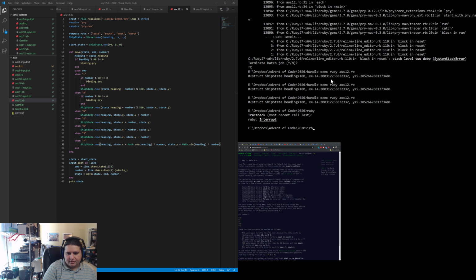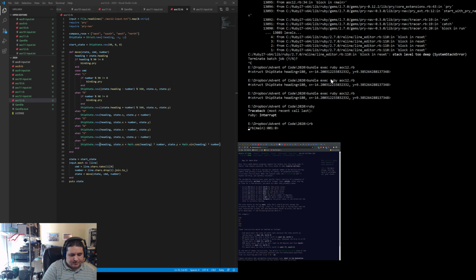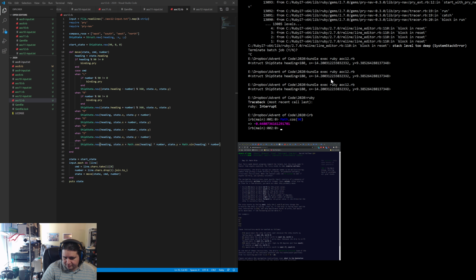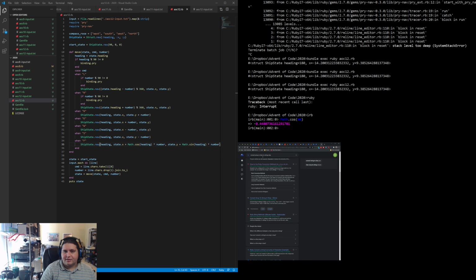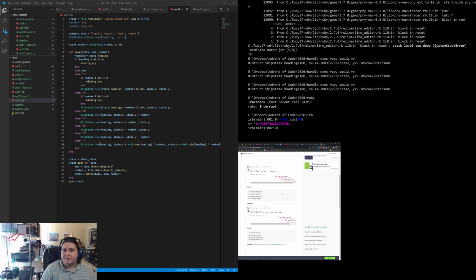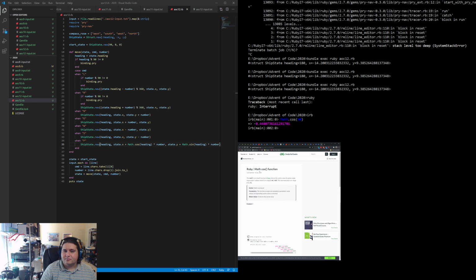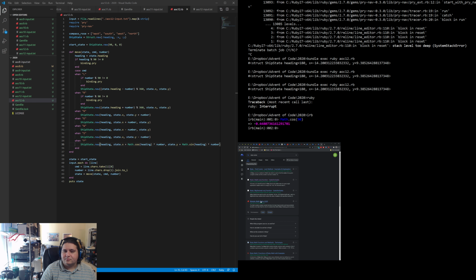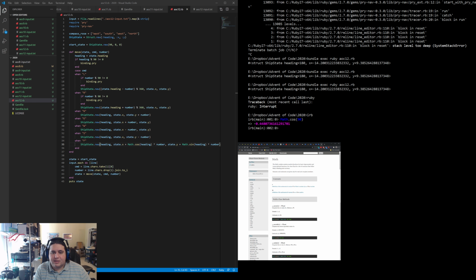Or I want to do IRB. Math. Oh, is this going to be in radians? That would be annoying. This is in radians. Okay, how do I do math.cosine in degrees? Unless I need to do a conversion, that would be a little bit much.